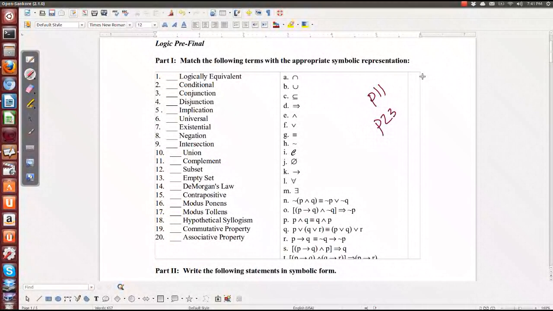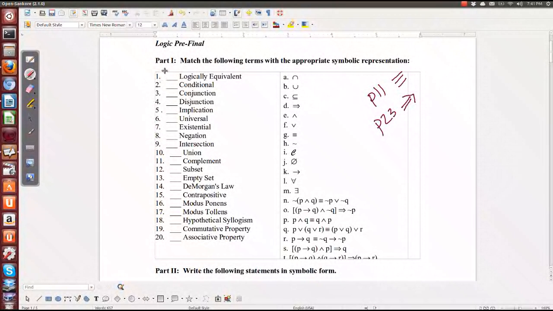Page 11 dealt with our logically equivalent statements, and page 23 dealt with our implications. And so a lot of the symbols are going to be found on those two pages. So let's go ahead and talk through this.